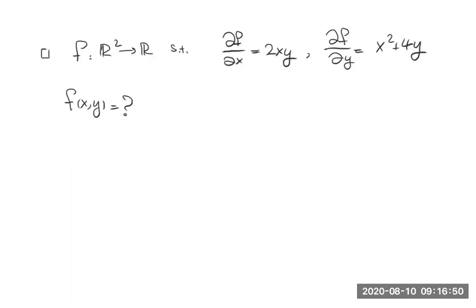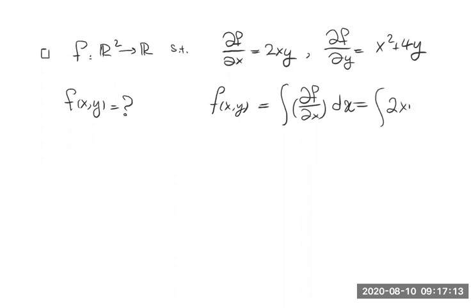Okay, so again, we would continue, we would do the same thing as I did before. We would say, okay, I'm looking for f of x and y. I know I should take integral of this derivative of f with respect to x. I should take integral of that with respect to x. So it would be, as we did before, integral of 2xy dx. So 2y comes out, it would be integral of x dx.